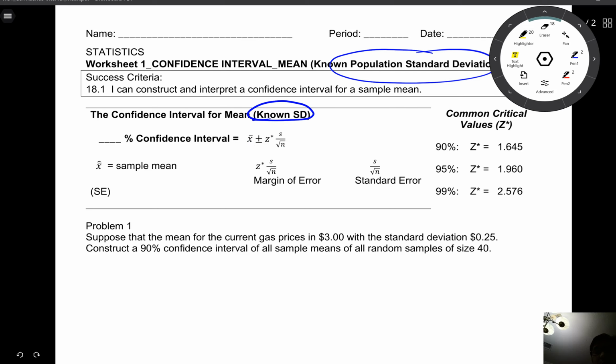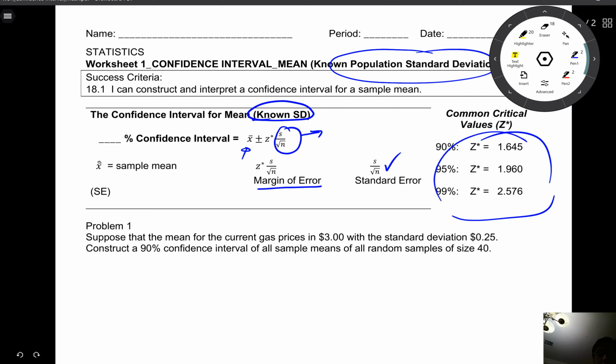Now we got the average, the mean, and then we got the standard error, s divided by the square root of n, again the same. The margin of error is going to be the critical z, and we got the critical z values here, times the s divided by the square root of n.